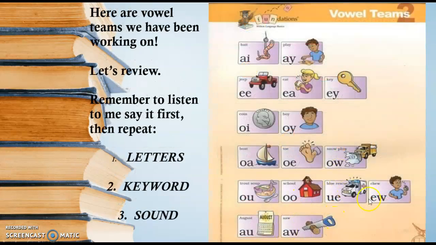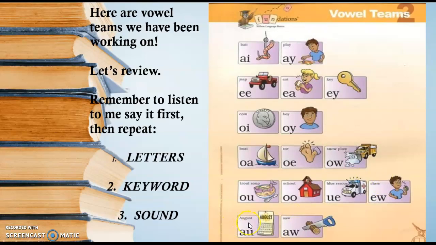Let's do these last three. EW, chew, ooh. Can you think of any other words that have that EW spelling? Make that ooh sound? Like chew, flu, could be blew, not like the color blue, but like the wind blew my napkins away.